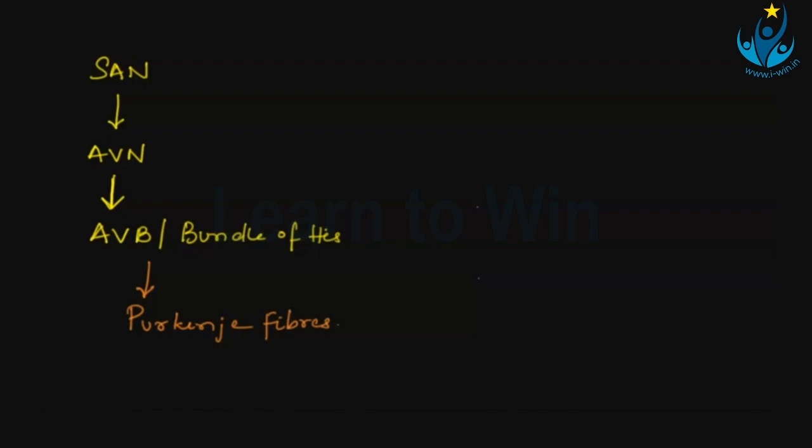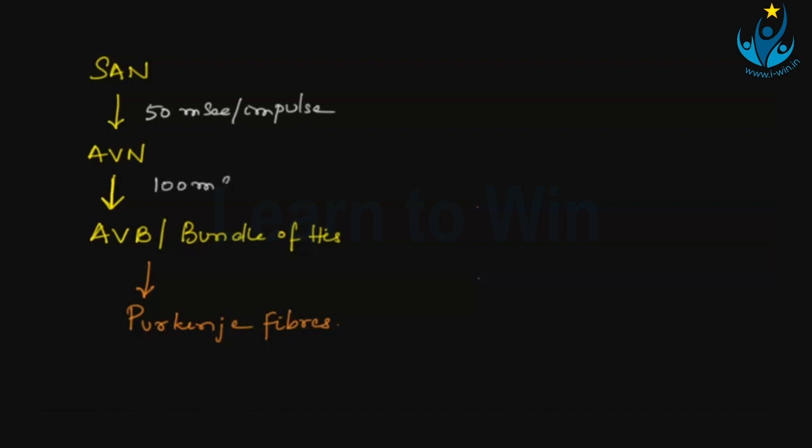Normally there will be a slight delay in the movement of signals from the SAN to the AVN. The speed of the signal passing in the SAN node is 50 milliseconds per impulse. Every impulse takes 50 milliseconds.